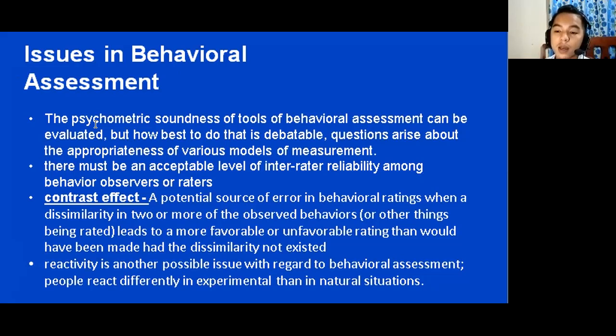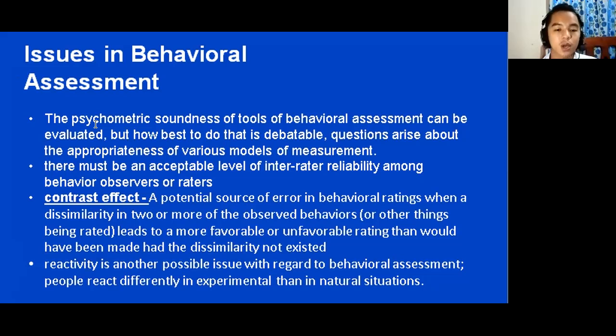Since behavior observations rely on the researchers' assessment, in order to have a unified assessment of a client, the observers should have inter-rater reliability among themselves, and if not, it will cause a contrast effect, a potential source of error in behavioral ratings, when a dissimilarity in two or more of the observed behaviors leads to a more favorable or unfavorable rating than would have been made had the dissimilarity not existed.